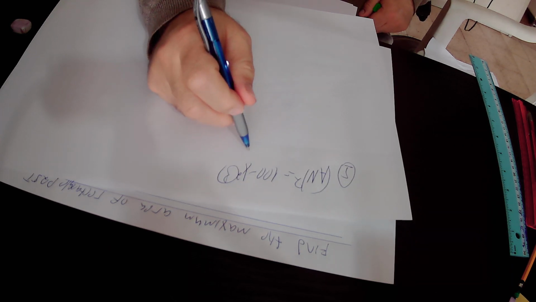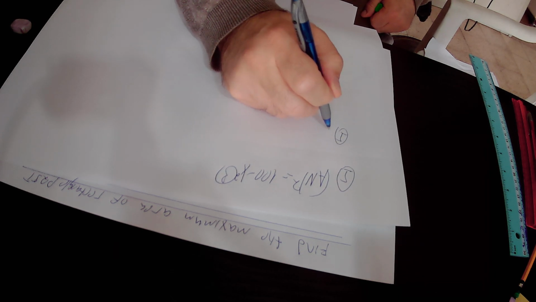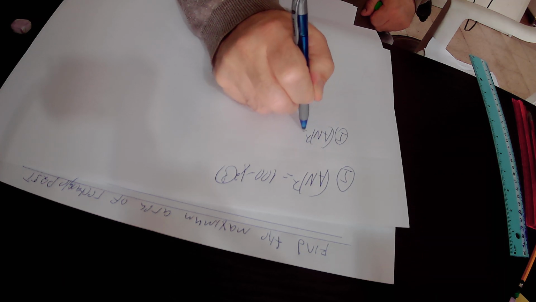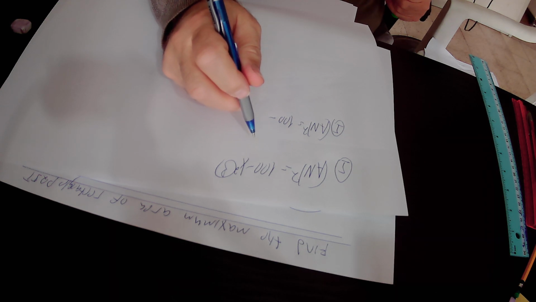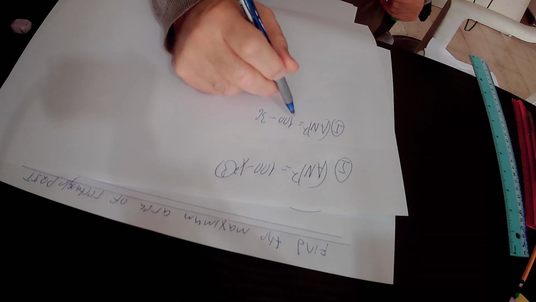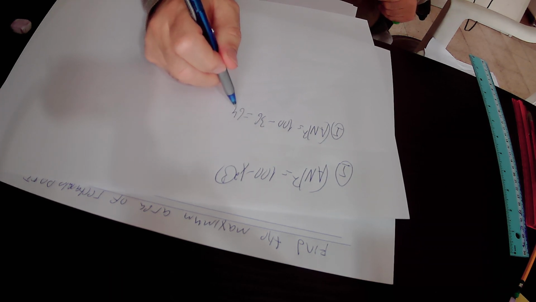Now we substitute x by 6. X is 6, therefore x squared is 6 squared, that is 36. So AN squared equals 100 minus 36, that is 64.